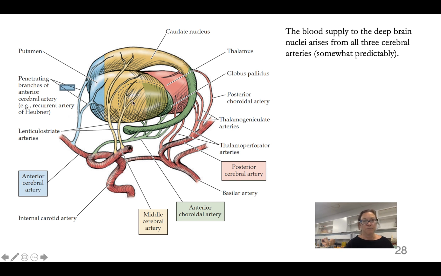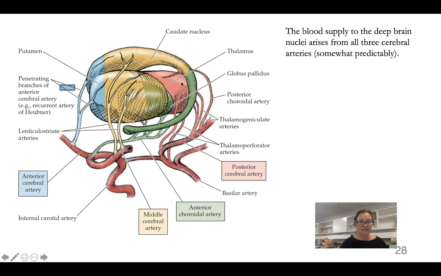Subsequent to that, if we move into the middle of the lentiform nucleus and the body of the caudate nucleus, we're getting into MCA-derived territory. Again, it's the lenticulostriate arteries, or penetrating arteries, arising from the MCA that supply these deep brain structures.